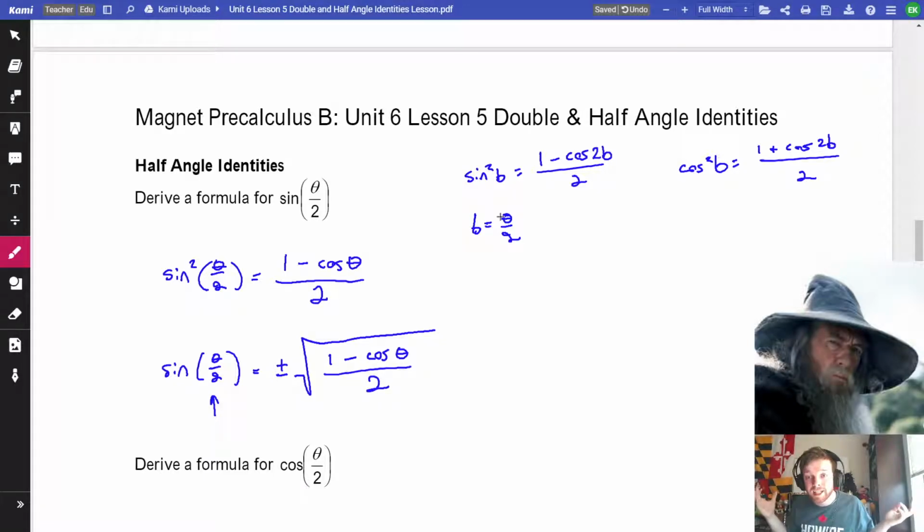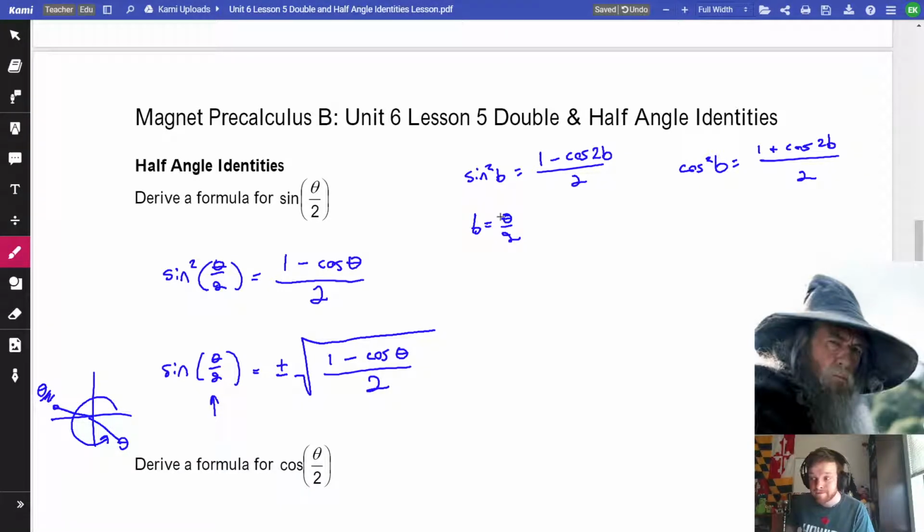If theta is, let's say, 10 pi over 6, 11 pi over 6, you divide that by 2, whoosh, you're going to find yourself in the second quadrant. If you have an angle here, theta, and you divide that by 2, you're going to find yourself in the second quadrant.